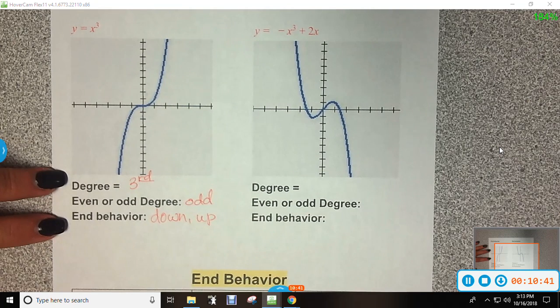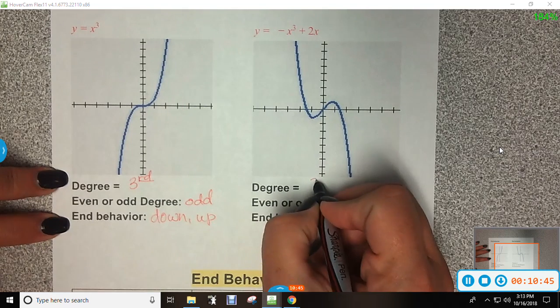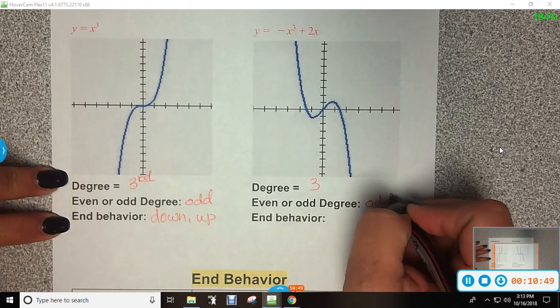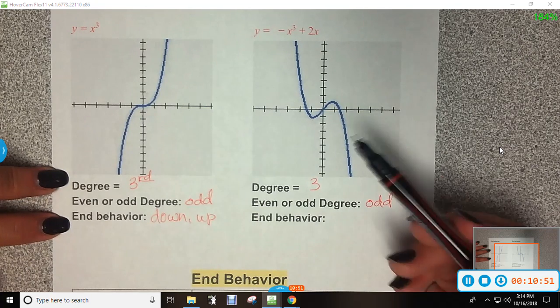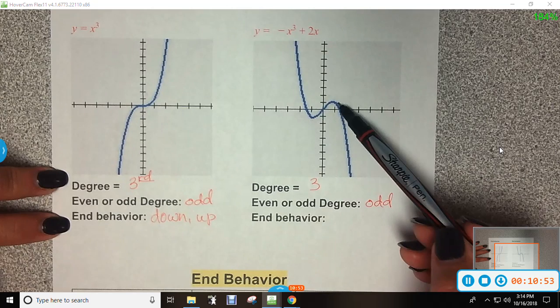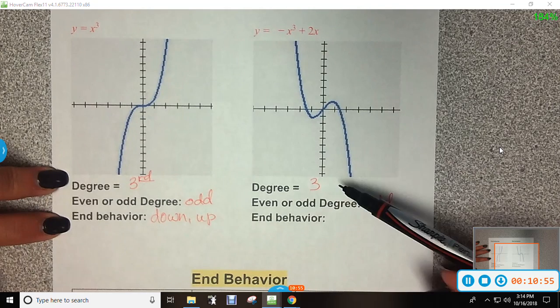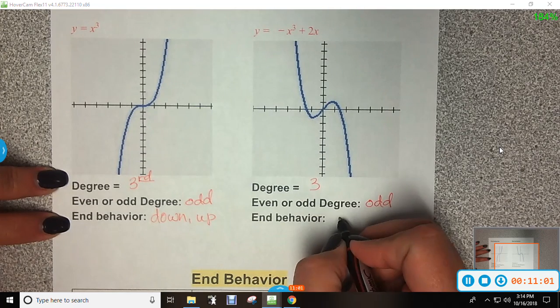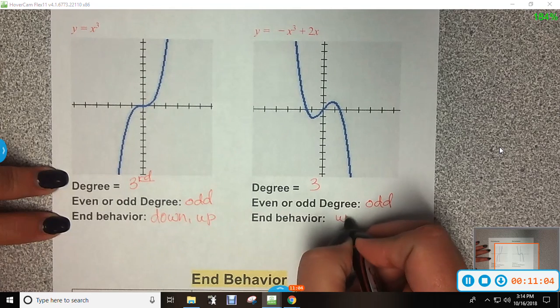Right, for the one on the right, what degree is that? 3. Is 3 even or odd? Odd. If I look at the graph, I've got 2 turning points, plus 1 is 3. So that all matches. What is my end behavior? Up, down.